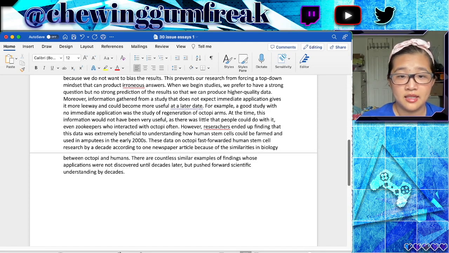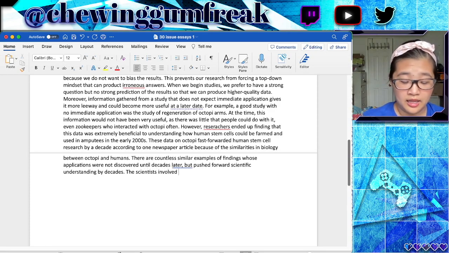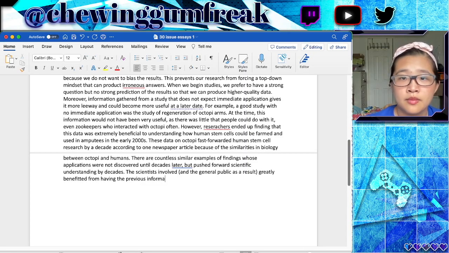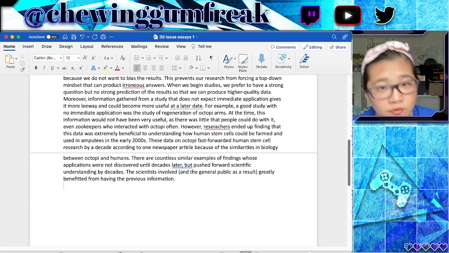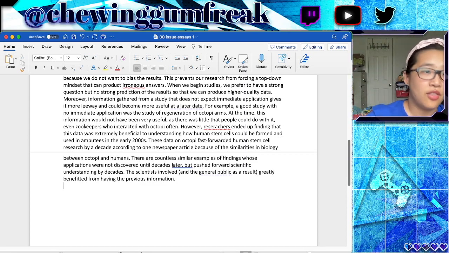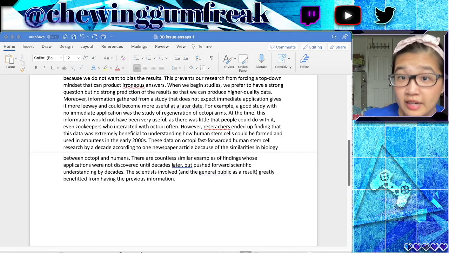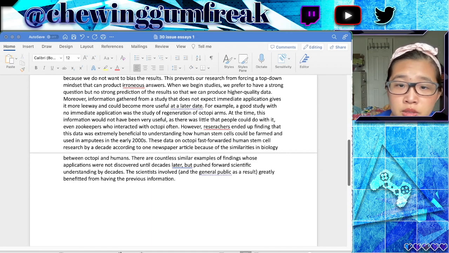The scientists involved and the general public, as a result, greatly benefited from having the previous information. So really emphasizing the idea that that previous research and the previous work was very valuable and really important.